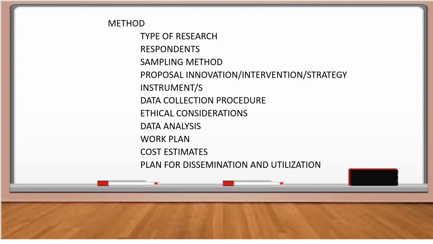Under the method, we have type of research, respondents, sampling method, proposal, innovation or intervention or strategy, instrument or instruments, data collection procedure, ethical considerations, data analysis, work plan, cost estimates, plan for dissemination and utilization.